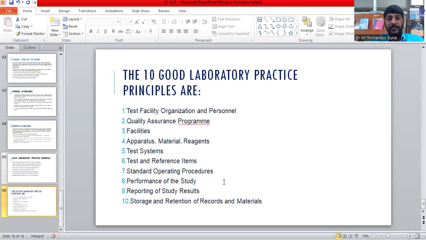These are the things that should be followed in GLP, good laboratory practices. Whatever the GMP, the good manufacturing process, will be, it has to be good during the performance of the test. We should follow each and everything correctly and pay attention.